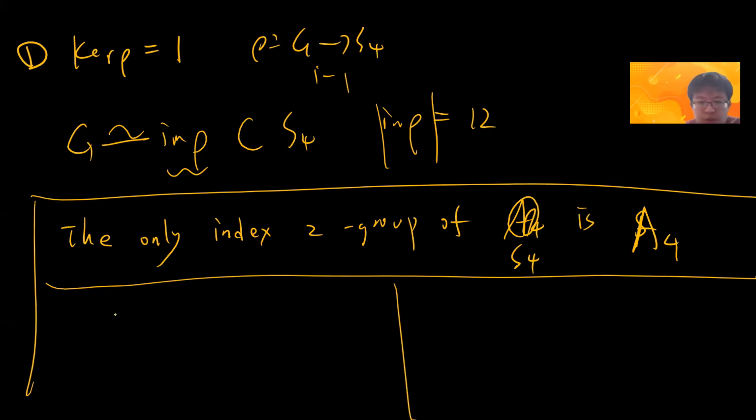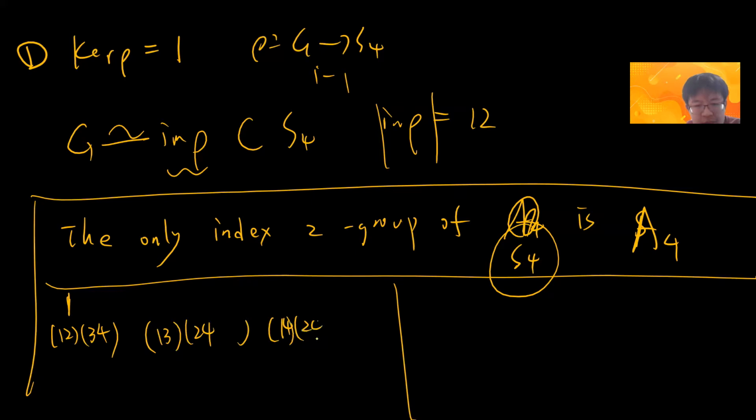Okay, so one way is that in S4 you have 5 different types of elements, right? One is the identity, one is the so-called 2-permutation. So it's like this: 1 contains 2, 3, and then you can change it, so you get 1, 2, 3, 4. You can take 1, 3, 2, 4 and 1, 4, 2, 3.